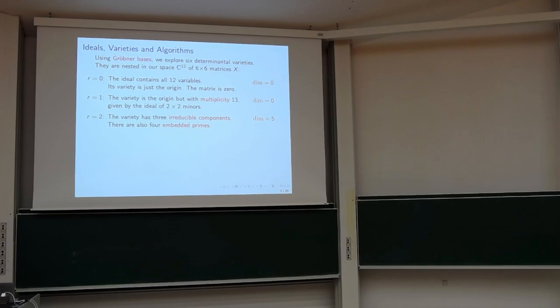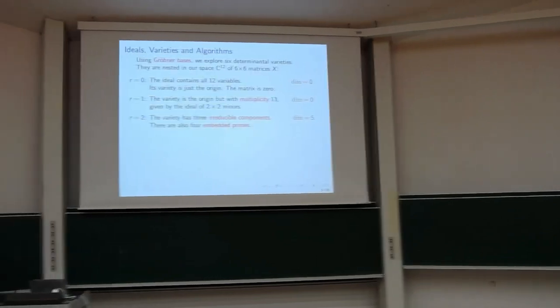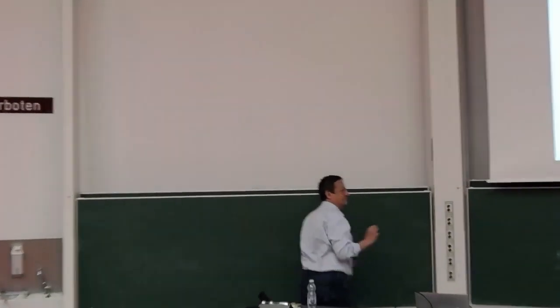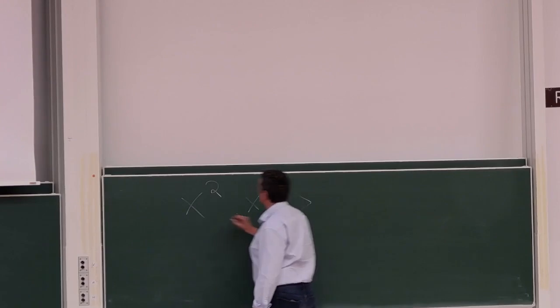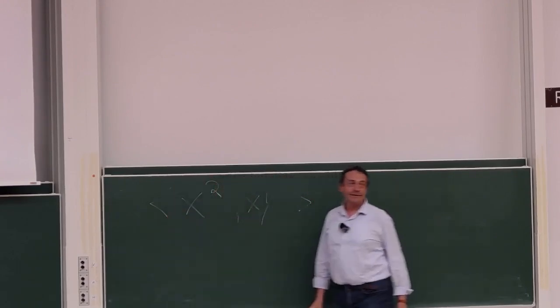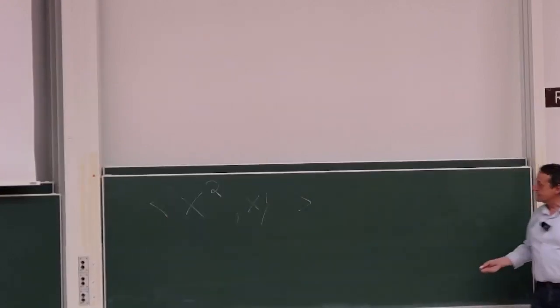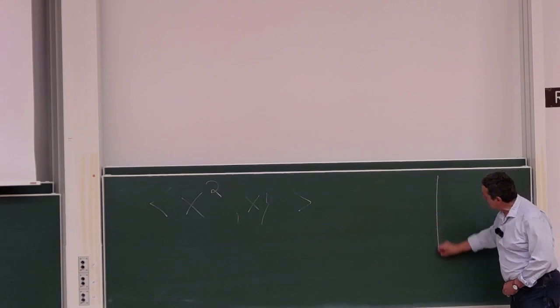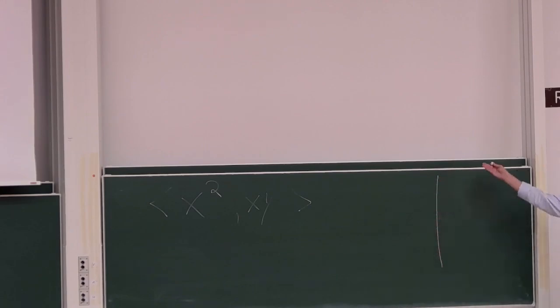So if you have a system of equations, somebody asks you to solve these equations, right? So in the plane, we'd like the solution set where x squared is 0 and xy is 0. Right? Well, so naively, this is the same as just setting x to 0. This is just the y-axis.